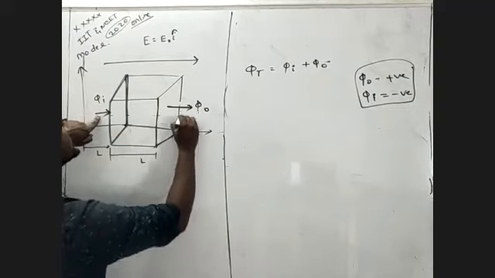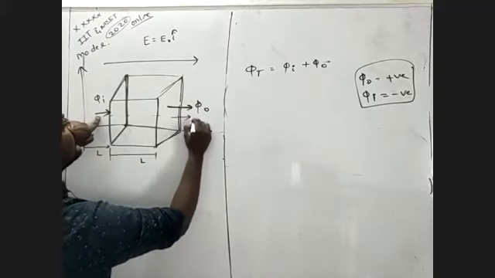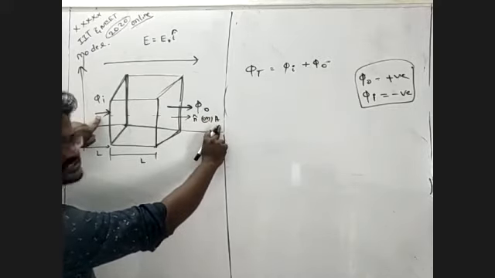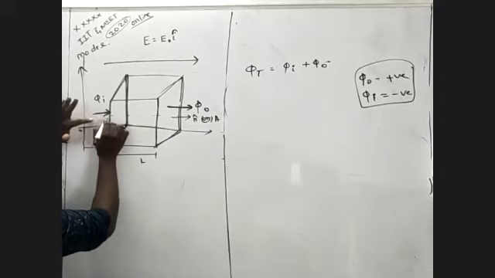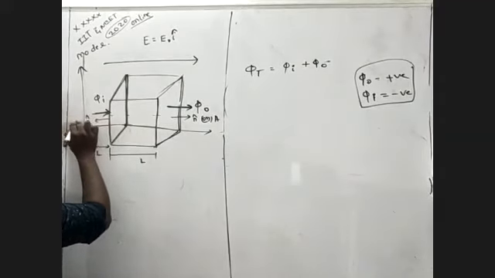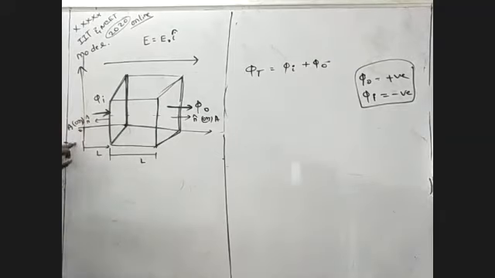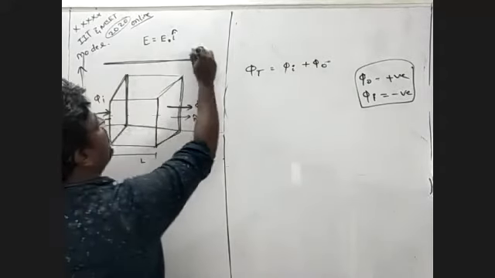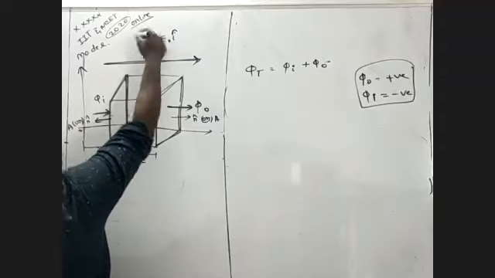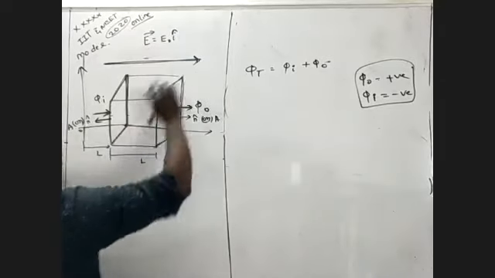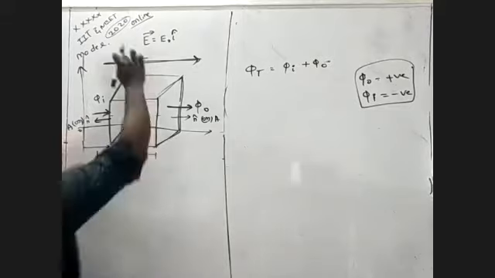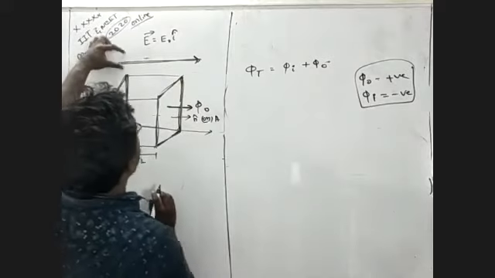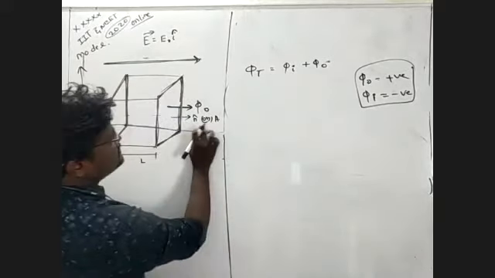For this face, the normal direction is n cap, the outward direction, or the area vector A. The direction of E bar is this direction, and the direction of the area vector is this one.